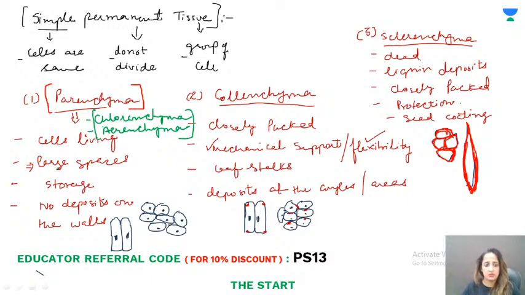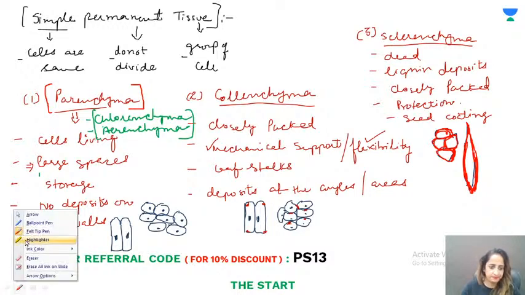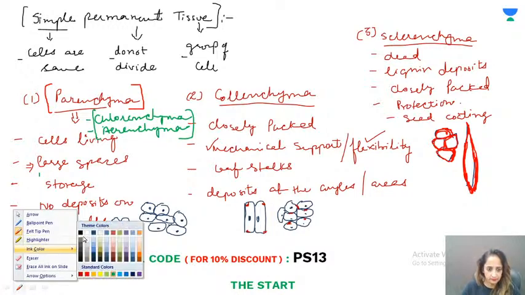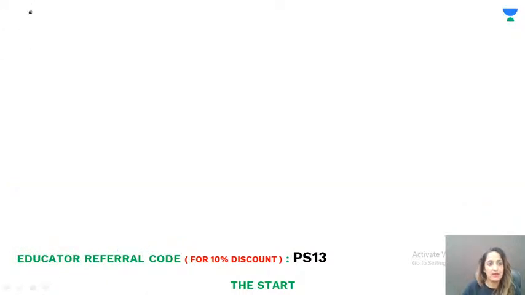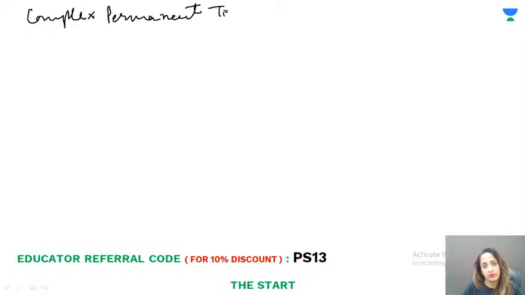Now let's move on to the next type, which is your complex permanent tissue. So now this is complex permanent tissue.